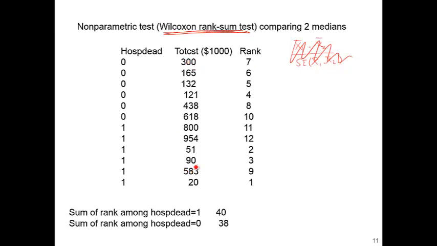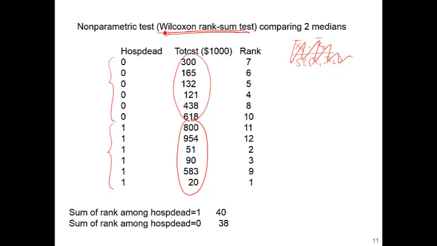This is hypothetical data. You have 6 patients who survived in hospital, and another 6 patients who died in hospital, and you have total hospital cost, in units of 1,000. So this is $300,000, and you have this as the outcome. You want to compare the median of these two groups.